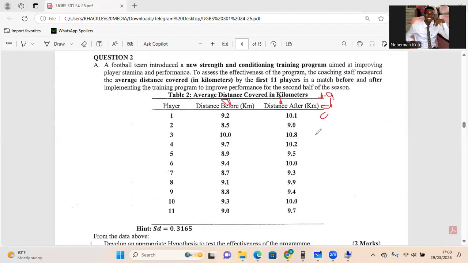So we are going to get 0.9, 0.5, 0.8, 0.5, 0.6, then 10 minus 9.4, 0.6, 0.6, 0.8, 0.6, 0.7, and then 0.7.